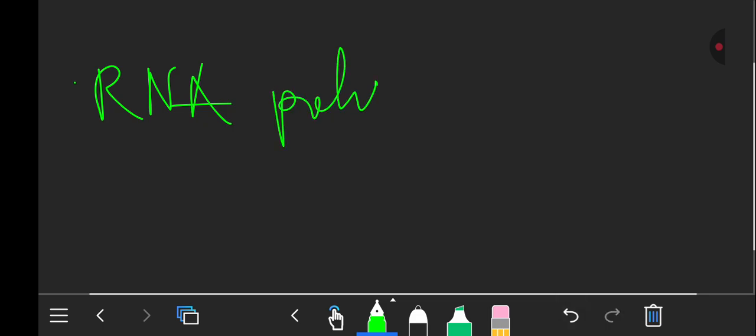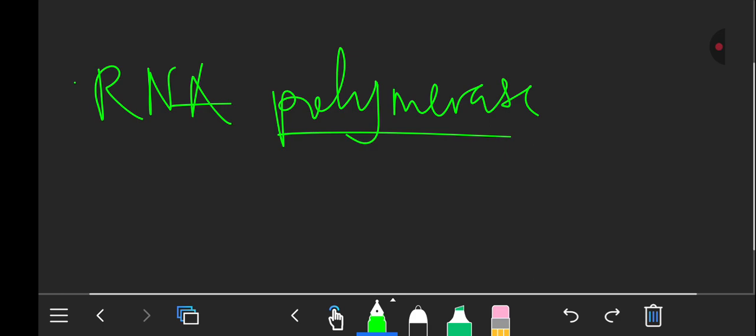Now, the process goes like this. When this RNA polymerase binds, during the discussion of the central dogma of molecular biology, we said that the RNA polymerase is an enzyme that is able to help in the process of the transcription of DNA into RNA.